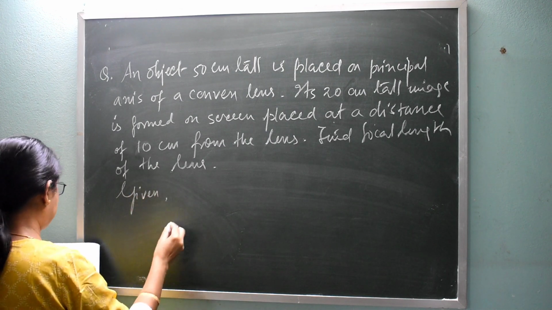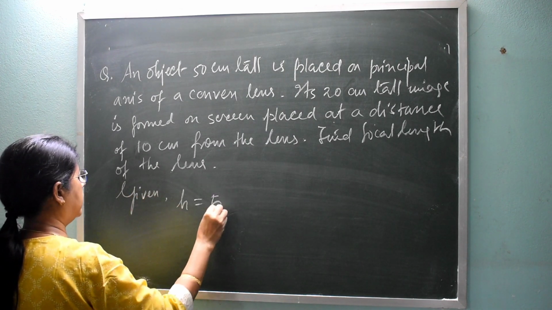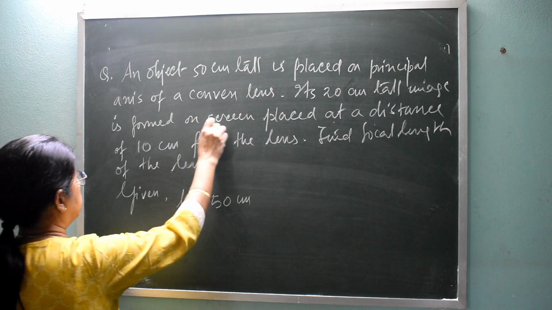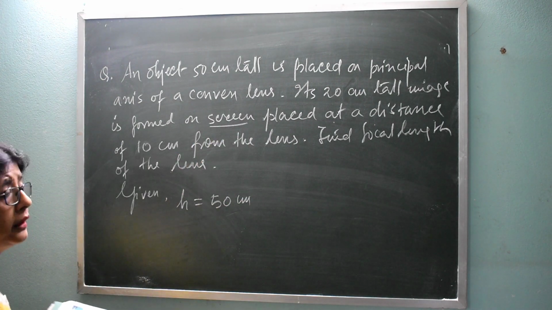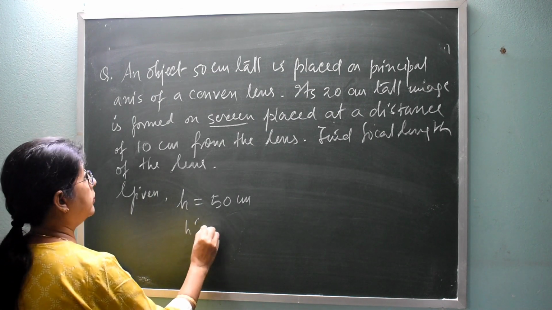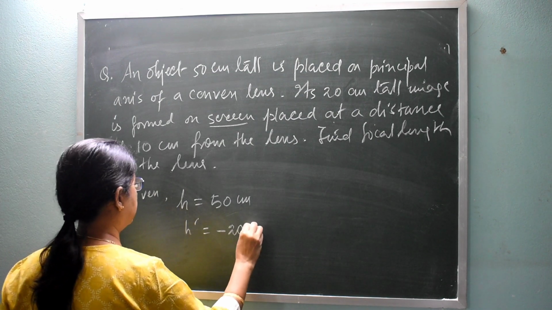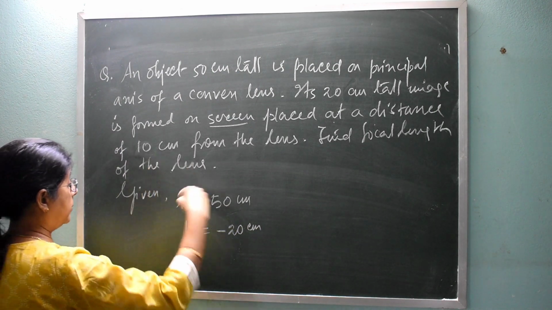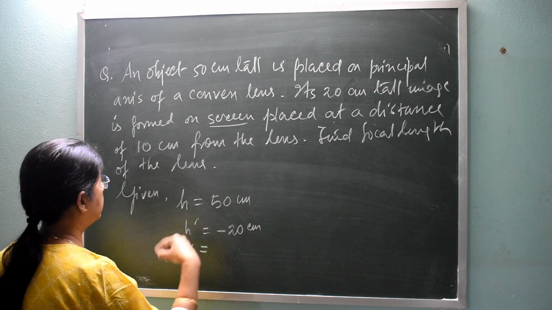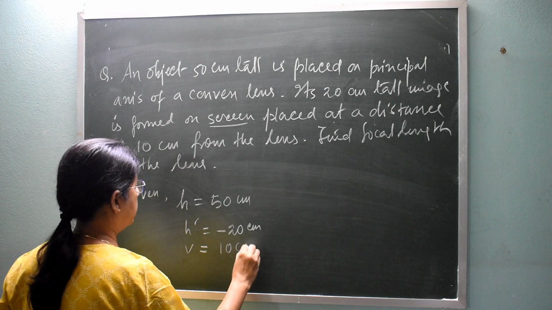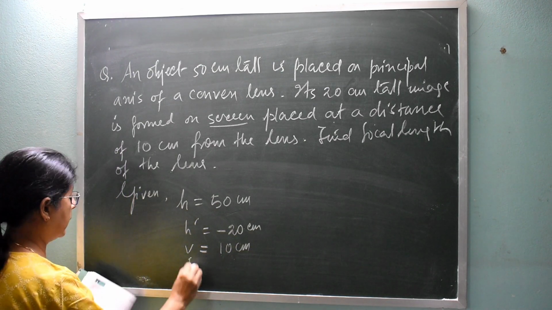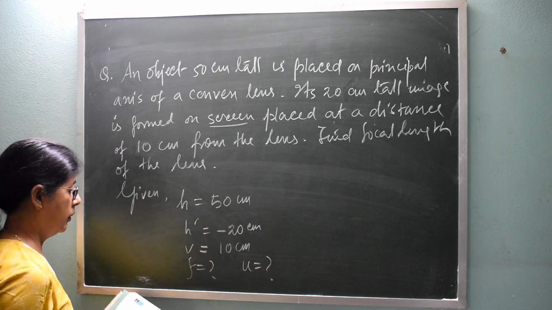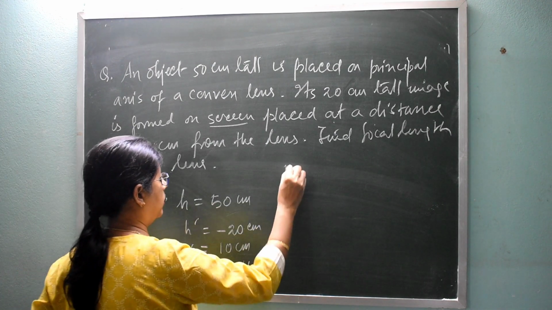Given, the height of the object is 50 centimeter, so it will be positive, and the image is obtained on the screen, so it will be real and inverted. So the height of the image will be negative, minus 20 centimeter. It is formed 10 centimeter away, so v will be positive because it forms behind the lens. We have to find the focal length. Before that, we have to find the value of u.